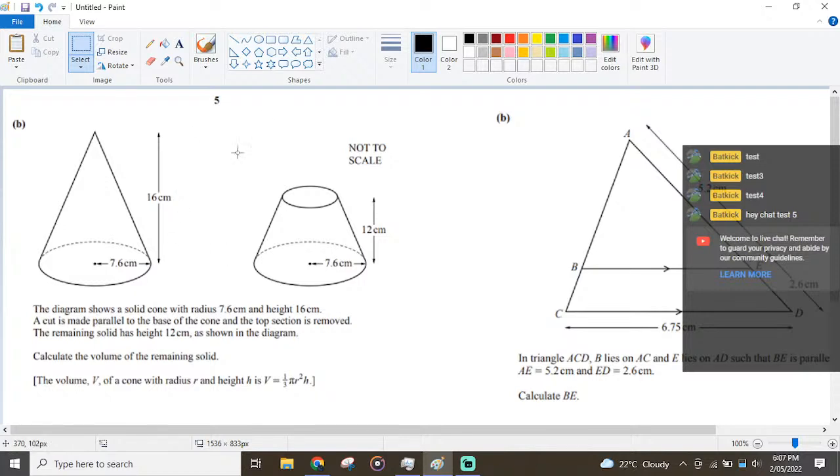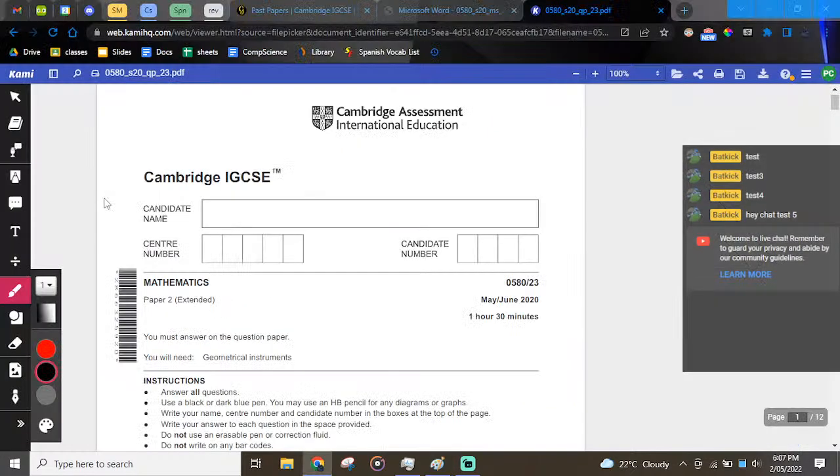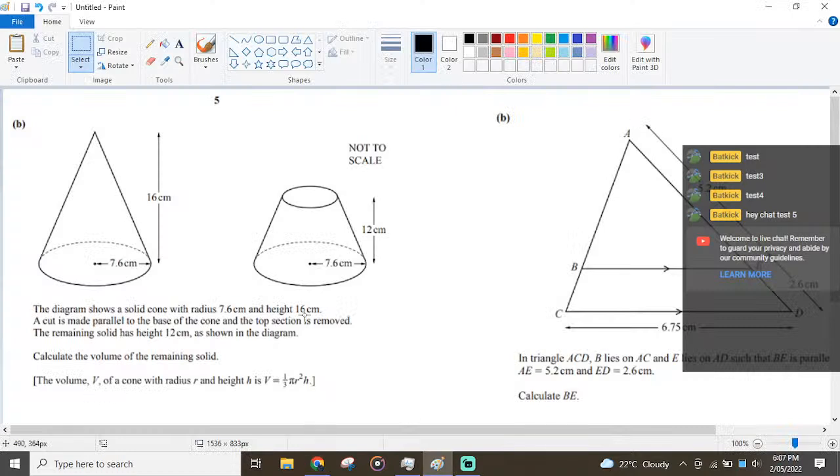Here we have a cone. What is the question asking? Solid cone, this one. Radius 7.6, as shown. Height, all information given. A cut is made parallel to the base. Calculate the volume of the remaining solid.